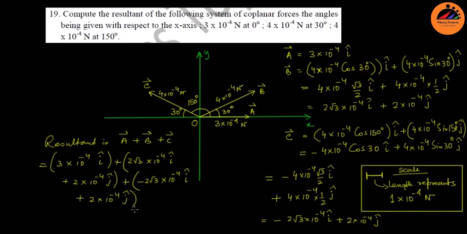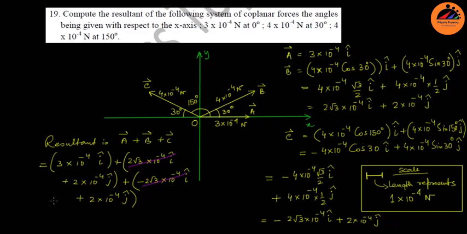Okay. See, this 2 automatically gets cancelled. This is the plus I cap term, and this is the minus I cap term. This term gets cancelled. Both are I cap, and this I cap is left as it is because there is no other I cap term, and these two j terms will be added up.